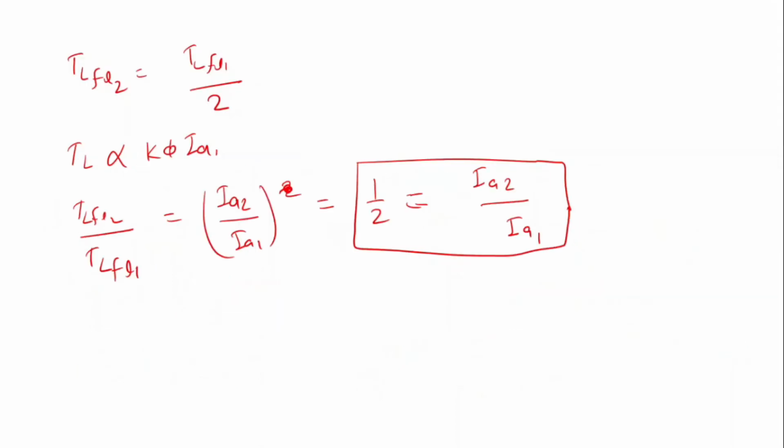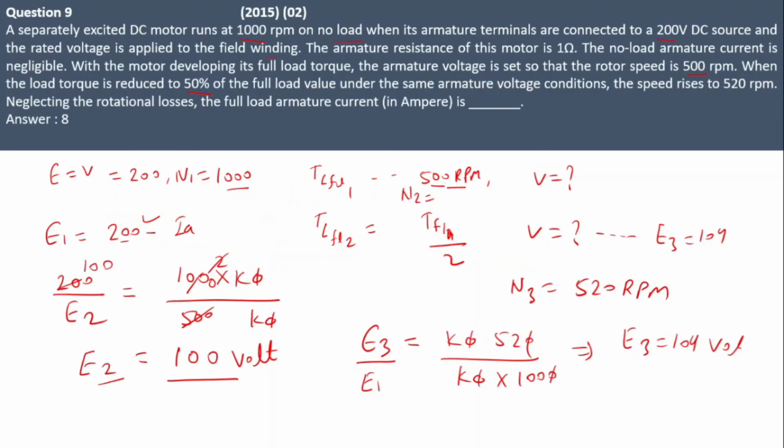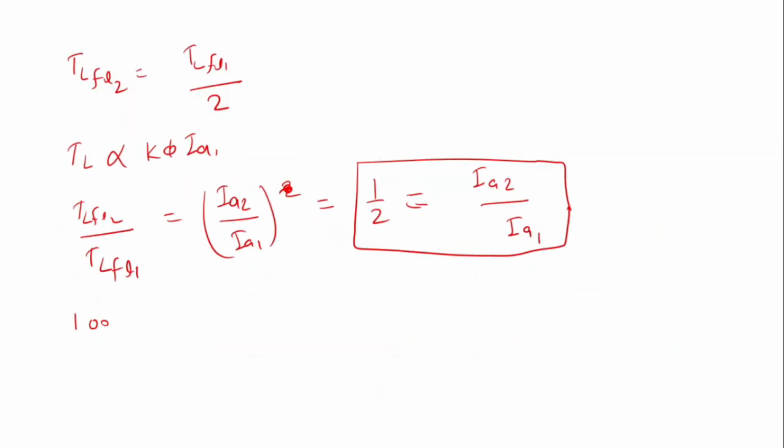So for this full load torque condition, what is the back EMF? E2 is 100. 100 equal to V minus Ia Ra, V you do not know, minus Ia1 Ra. So this is equation number 1.